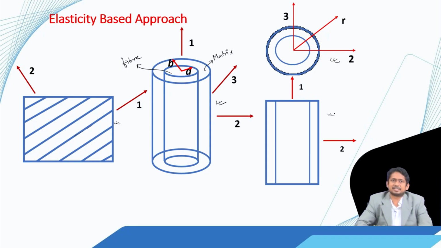Here, generally the assumption that we make is that the response of the cylindrical domain is axisymmetric, and then many a time we work in the cylindrical coordinate system. For the cylindrical coordinate system we talk about 3 axes. One is R, the radial direction, then theta, the circumferential direction, and axis 1 is the axial direction.